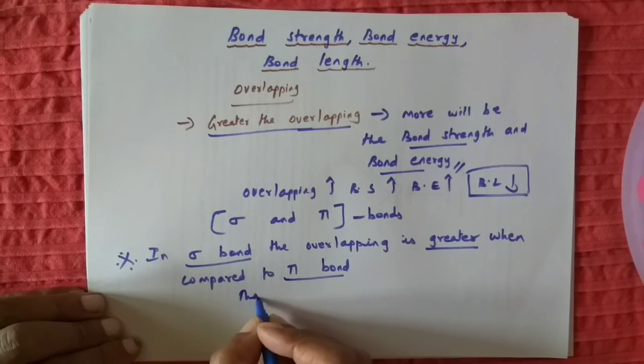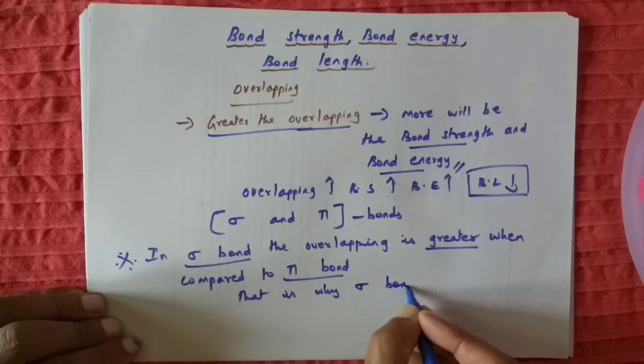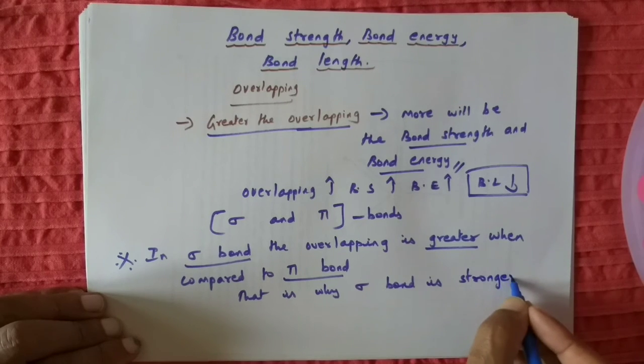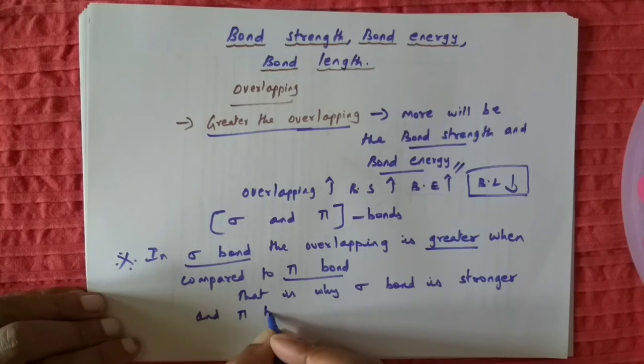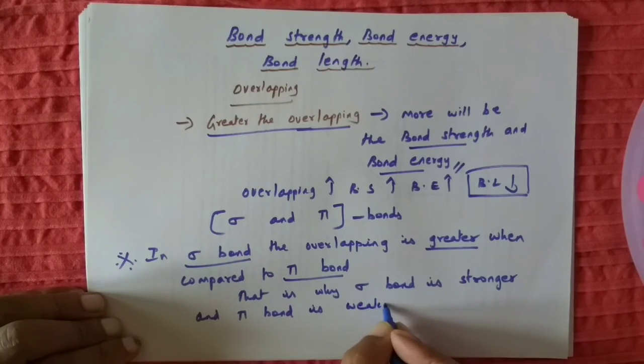That is why sigma bond is stronger and pi bond is weaker out of the two.